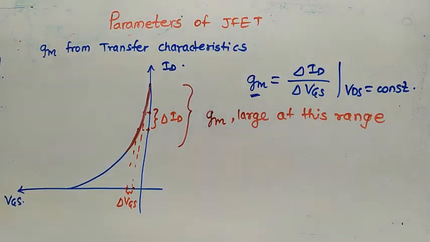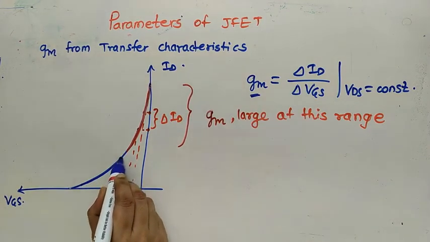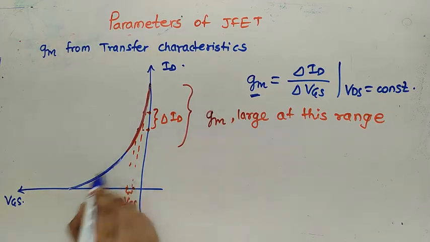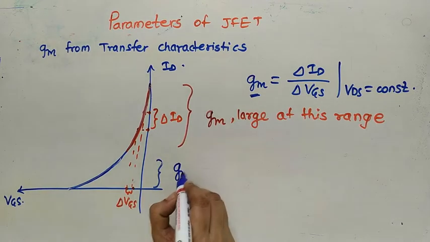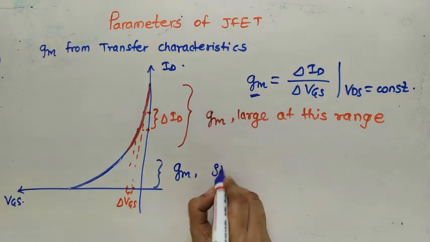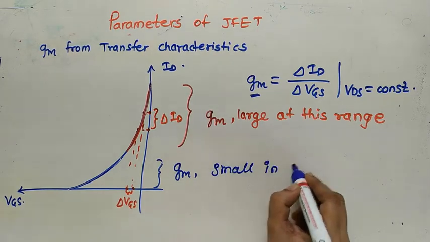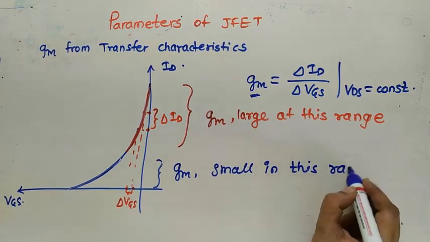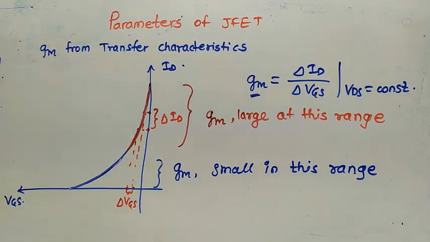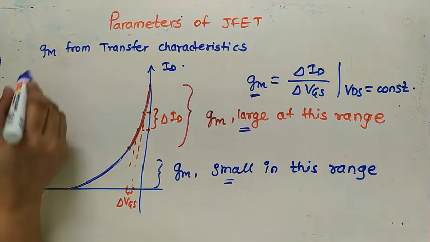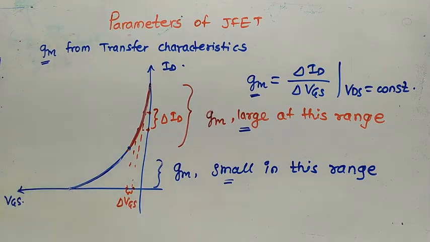And if we calculate the Gm at this particular lower region, at that time the value of Gm is small in this particular range. That means based on the selection of points on this characteristics, we'll get either the large value for Gm or small value for Gm, and by this way we can calculate the transconductance Gm from transfer characteristics.